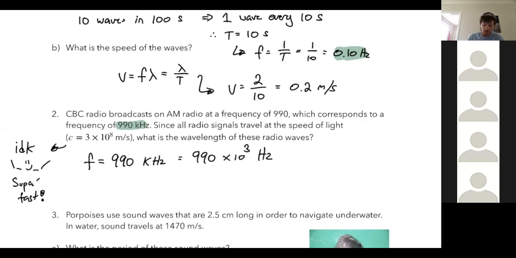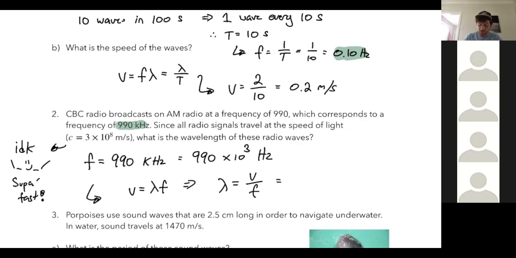So what is the wavelength of these waves? If we know here, and this might seem a little bit like chemistry, because I think you do some of this stuff in chemistry, right? The velocity is the wavelength times our frequency. We want to know what the wavelength is. So the wavelength is just our velocity divided by our frequency. We could do this with the period too if we really wanted to, but we have our frequency, so might as well.